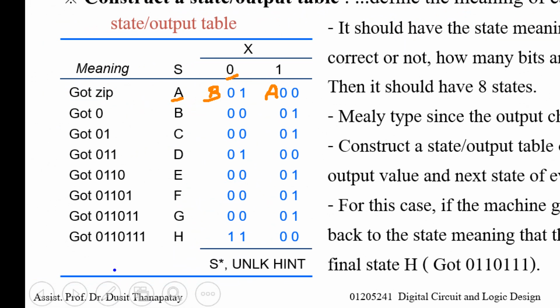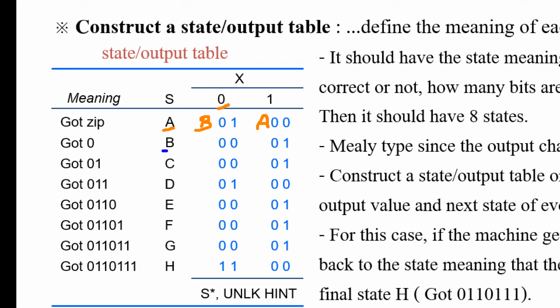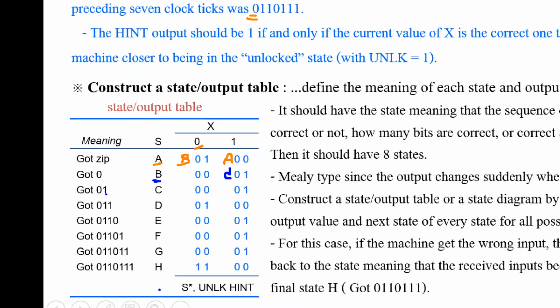At state B, if the next input is 1, it is correct, so go to state C. But if the input is 0, what is the next state?